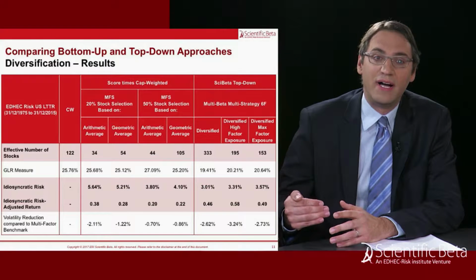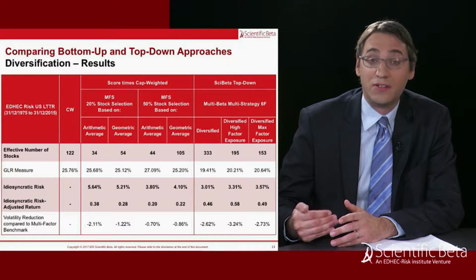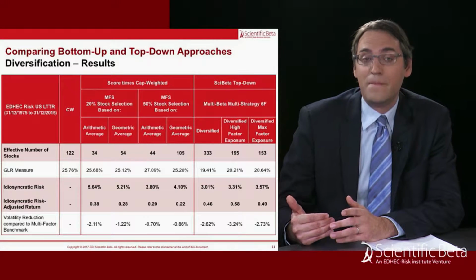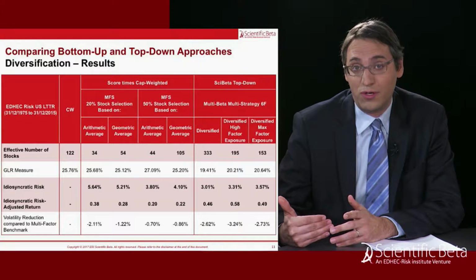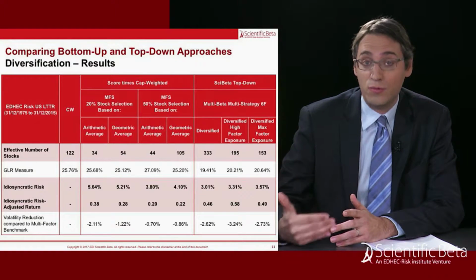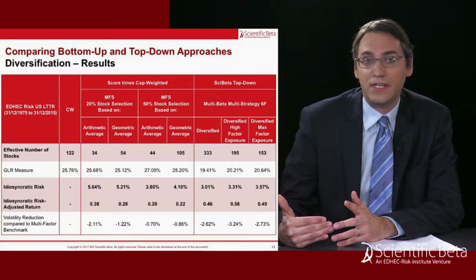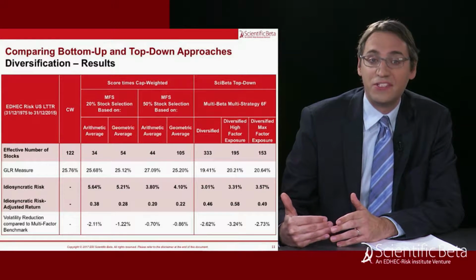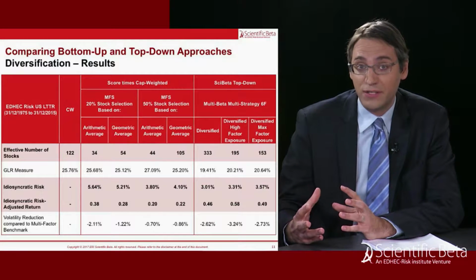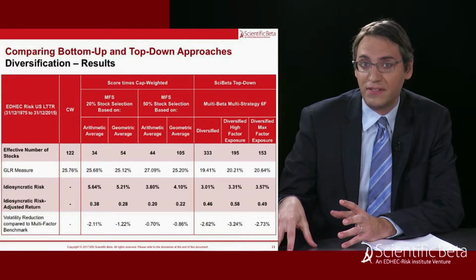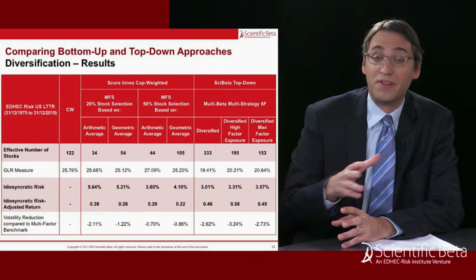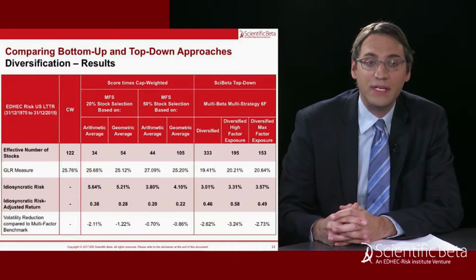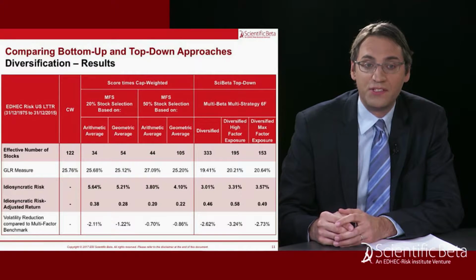So by increasing concentration in these bottom-up indices, of course, you expect to get more factor exposure, but you also get more risk that is completely unrelated to the factors. And in that sense, you're sacrificing diversification. Again, this is quite pronounced in magnitude, moving from about 3% in the top-down approaches to more than 5% in the most concentrated bottom-up ones.